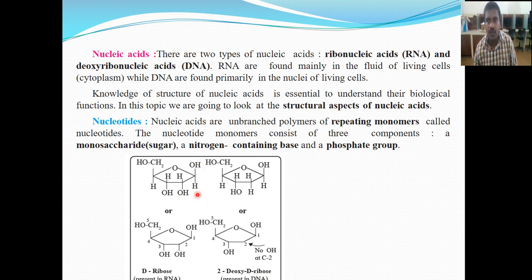Here in this structure you can see D-ribose. For RNA this hydroxyl group is there, but in case of DNA this hydroxyl group is not present on the second carbon atom. That's why it's called 2-deoxy.